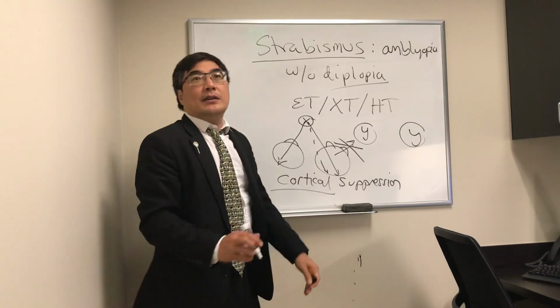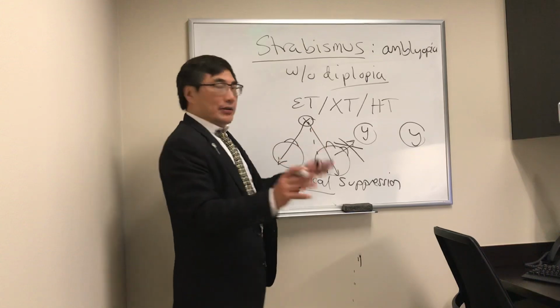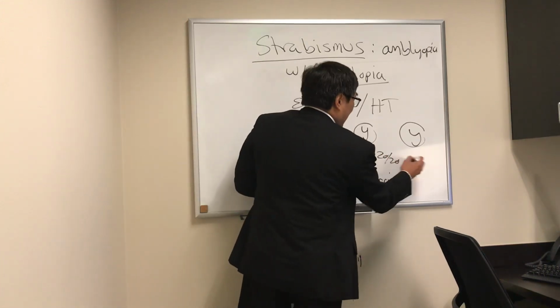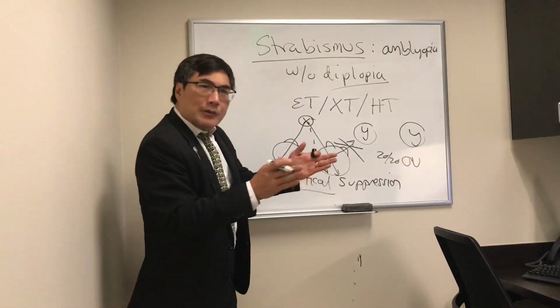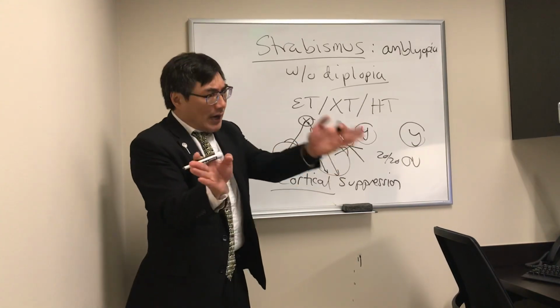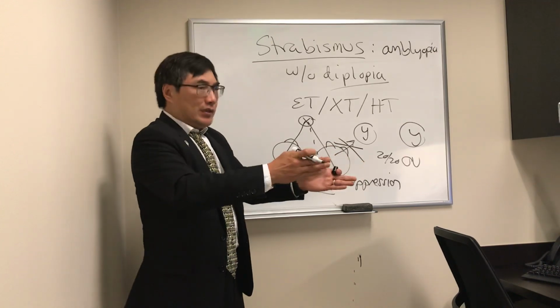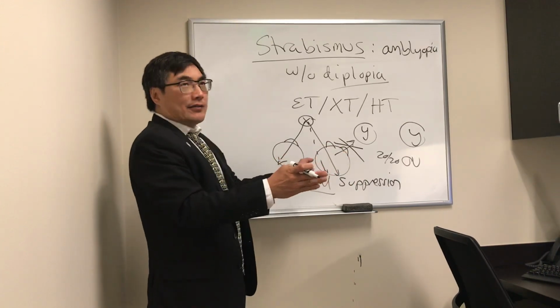However, some patients have totally normal acuity in both eyes, 20/20 in both eyes, and are able to alternate their fixation, even though they have strabismus. So one eye is straight, the other one is looking over here, and then all of a sudden they're 20/20 in the left eye, but the other eye is looking over here.